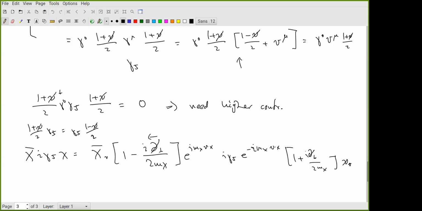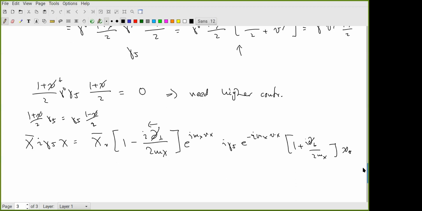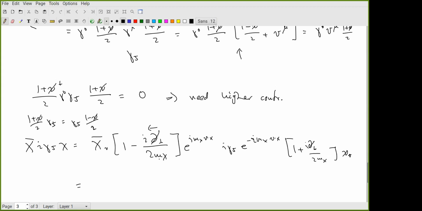So the term that has just a 1 here vanishes. Whereas the next leading terms have additional gamma matrices, and they will give a non-trivial contribution. And you see they come with derivatives, so these additional contributions will be momentum suppressed.